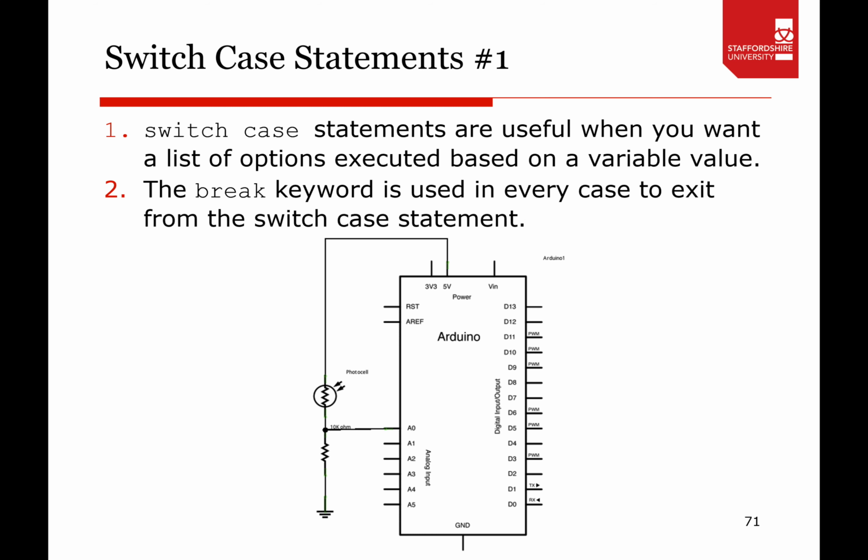So what we've got here is an Arduino and a photocell, or a photoresistor. We've got a resistor connected between ground and A0, and the photocell is connected between the pin A0 and 5 volts.